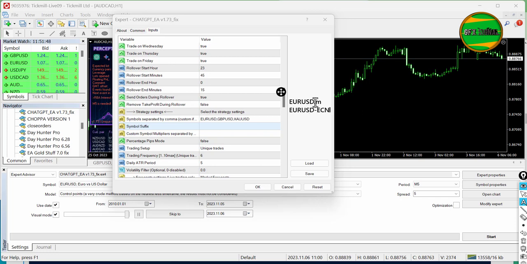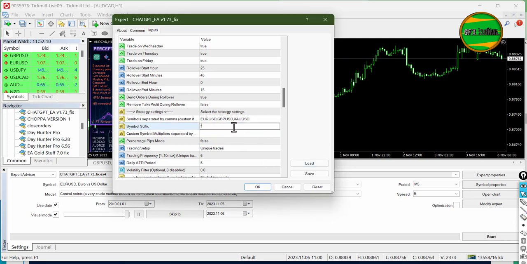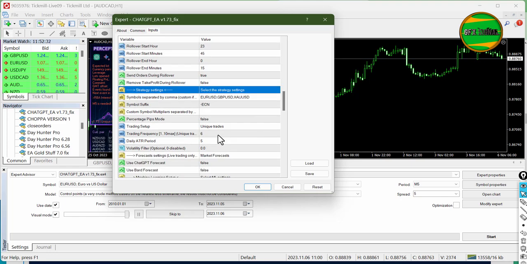Yeah, dot M, this one dot M, and dash ECN is hyphen ECN, that's your suffix. We will put your broker's suffix, like ECN. That is going to matter because there are brokers that provide two types of account. One is standard, another is ECN. So if your account is ECN type, then in that case you need to mention the suffix. Otherwise, it will not open any trade.